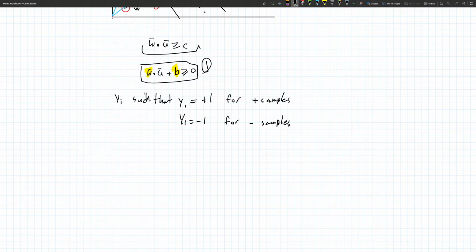And when we apply the value y to the decision rule, we have the constraint.